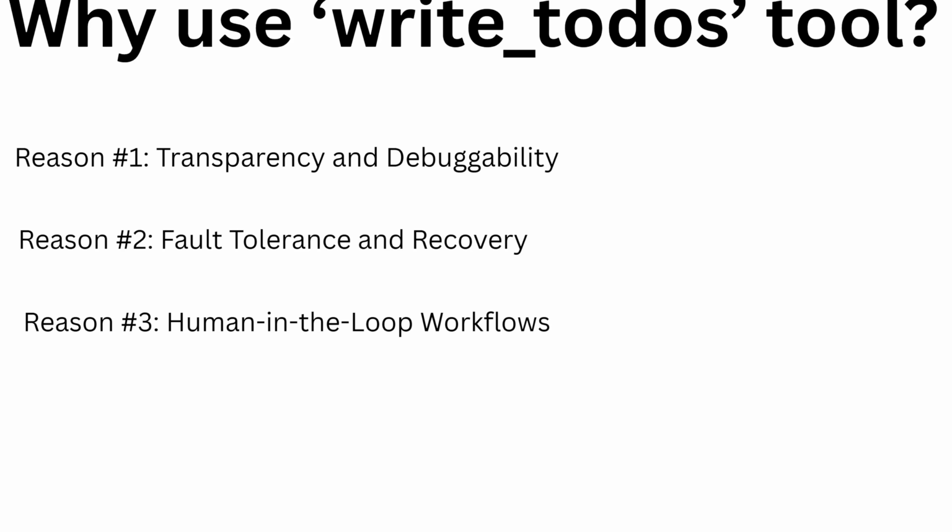Let's say it's a research task. And as a user, I get to see those particular steps and I approve them. And then the agent starts executing that particular plan and modifies it wherever necessary, right?